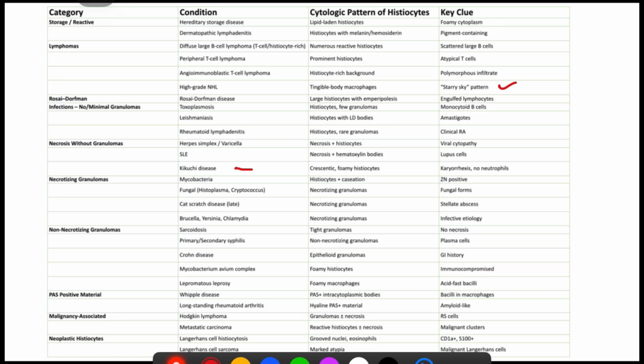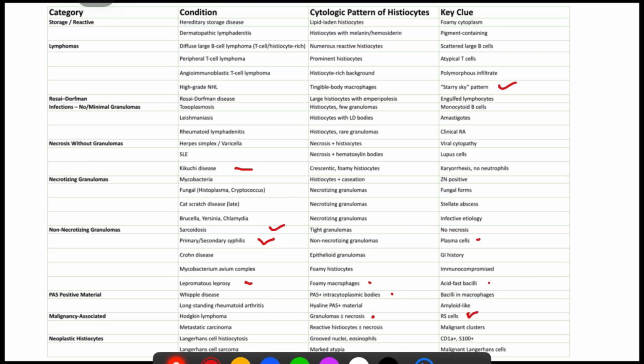Crescentic in Kikuchi's lesion, then sarcoidosis where a granuloma without necrosis is identifiable, syphilis having non-necrotizing granulomas with abundance of plasma cells, leprosy which has foamy macrophages but you can identify with an acid-fast stain, Whipple's disease which has PAS positive granules in the macrophages, and Hodgkin's lymphoma where granuloma is seen along with the RS cells.